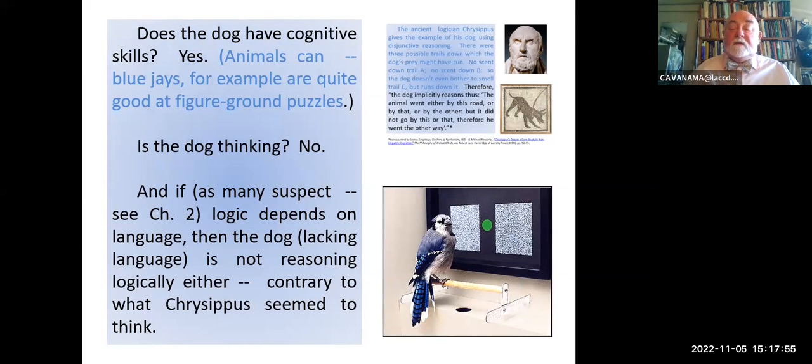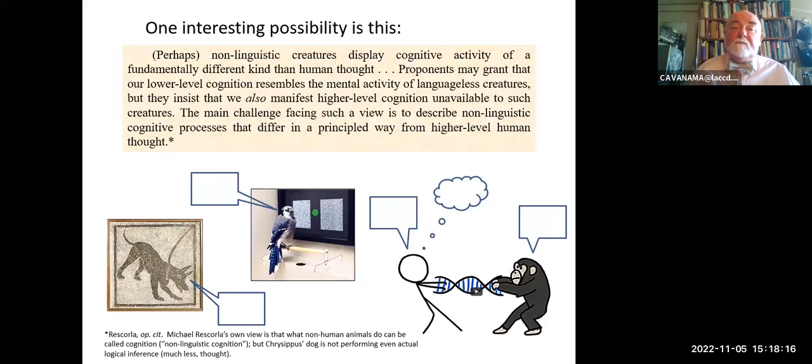Now, do we want to say that birds or dogs think? Well, that's another problem. If you think that logic depends on language, and that's what most people suspect these days, well, dogs don't have language. So if dogs don't have language, they're not reasoning logically either, contrary to what Chrysippus thought about his dog.